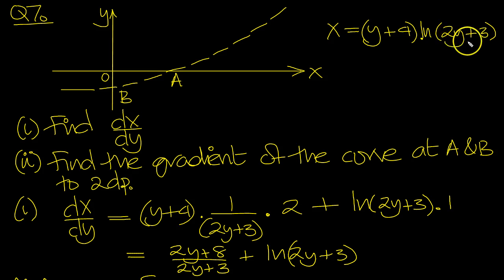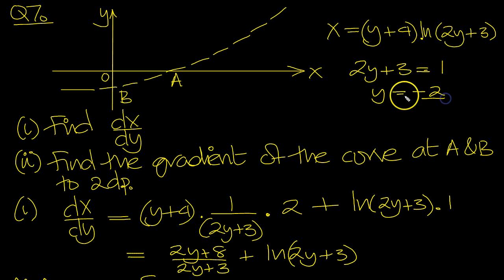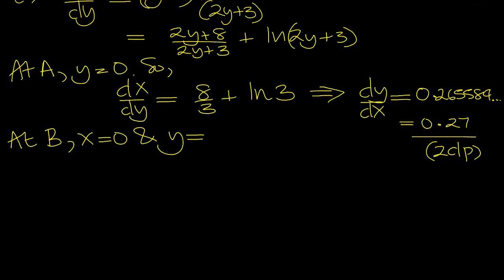So it must be when the log is 0. So when does this equal 1? So 2y plus 3 equals 1. So y would equal 1 minus 3 is minus 2, over the 2, equals minus 1. That's the value.